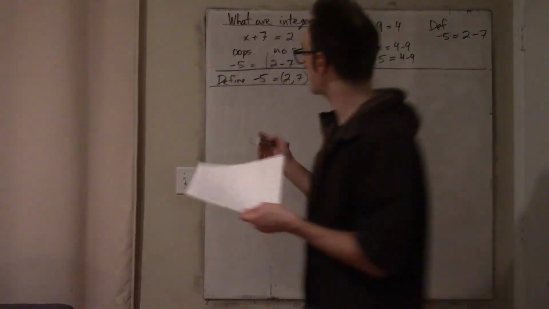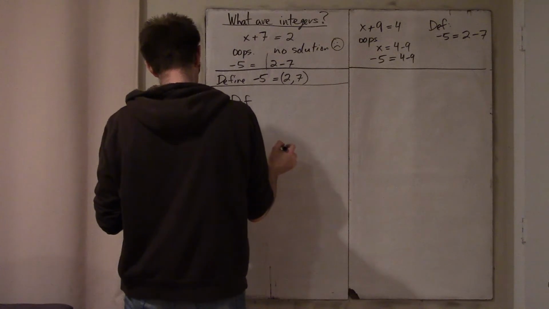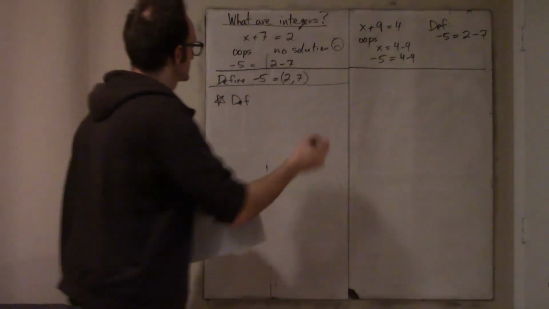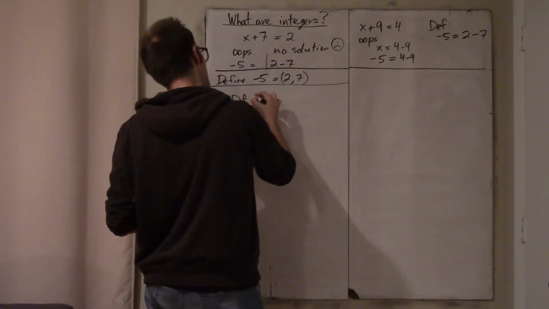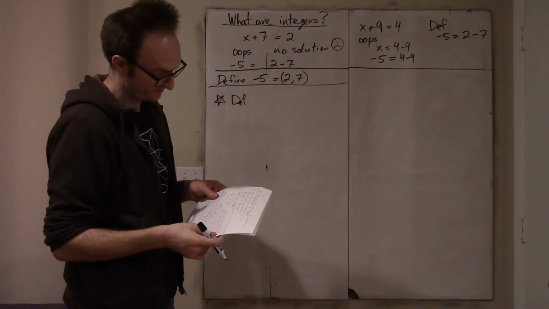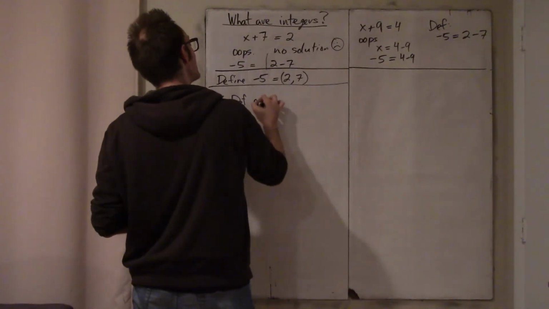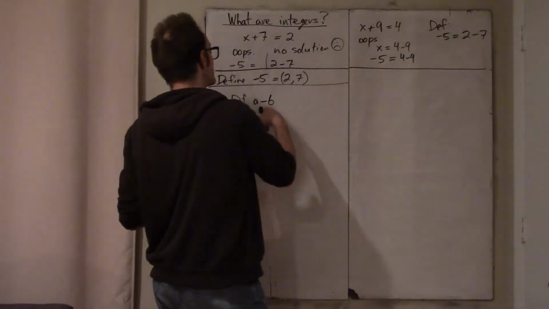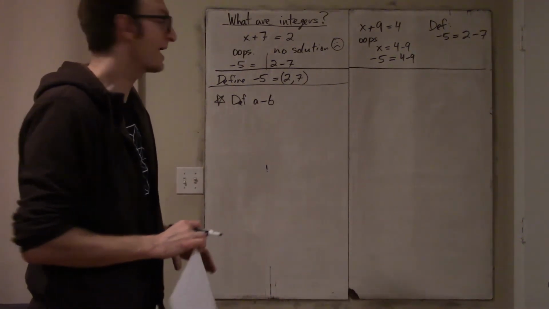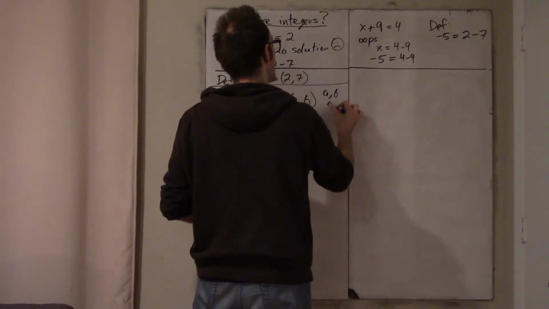Okay, so now the real theory starts. This is now our third time doing this. I'm going to define this thing called A minus B, where perhaps A is smaller than B, but perhaps not, to be just an ordered pair A comma B, where A and B are natural numbers.